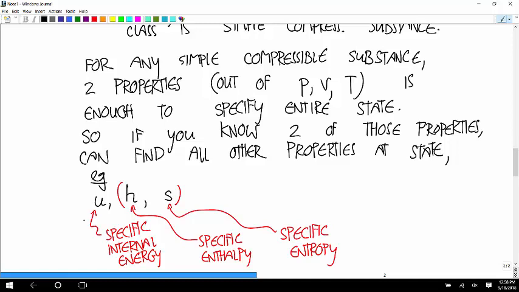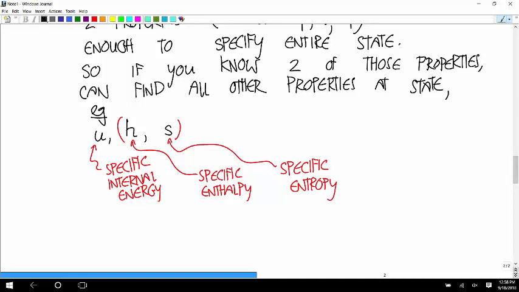And so we can just go across a row and read off all the different properties that match the ones we know. By the way, all of these specific properties are per kilogram. So this is the internal energy of the gas or liquid that we're dealing with per kilogram.